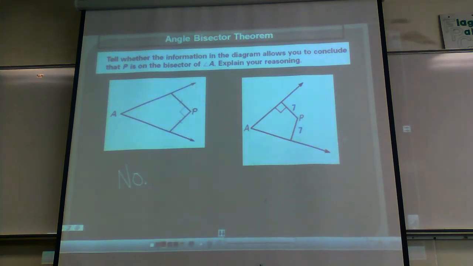What about the one over here? If you think yes, it's no. Why? Two right angles. I don't have a right angle down here. I don't know if this is drawn like this, or whatever.